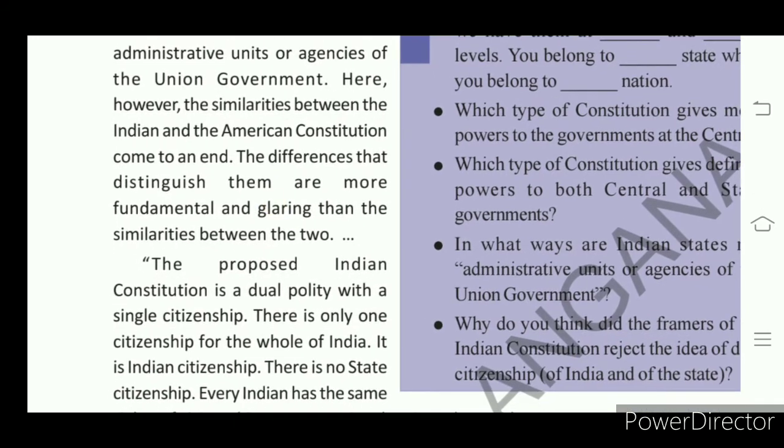It means that 50 states have 50 different or diversified laws, whereas in India we have dual polity and single citizenship and single judicial system. We have 28 states. In 28 states, we have the same legal procedure that matches with the legal procedure of the national government, that is union government.